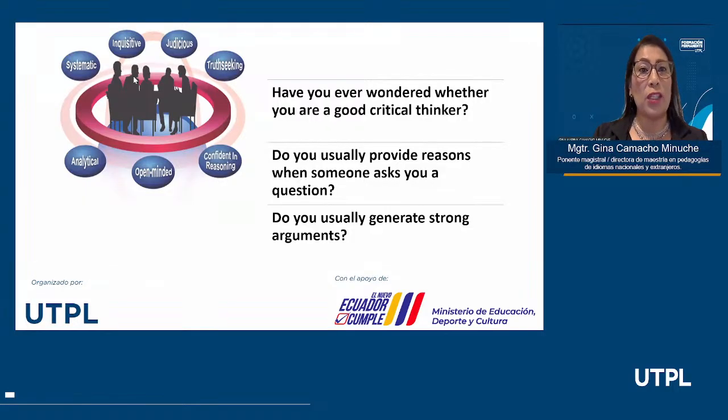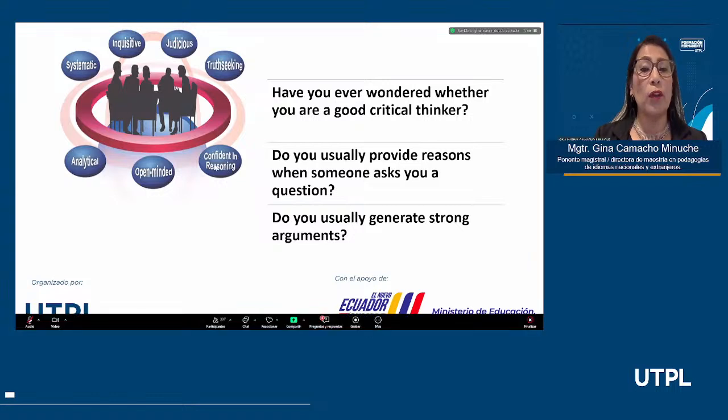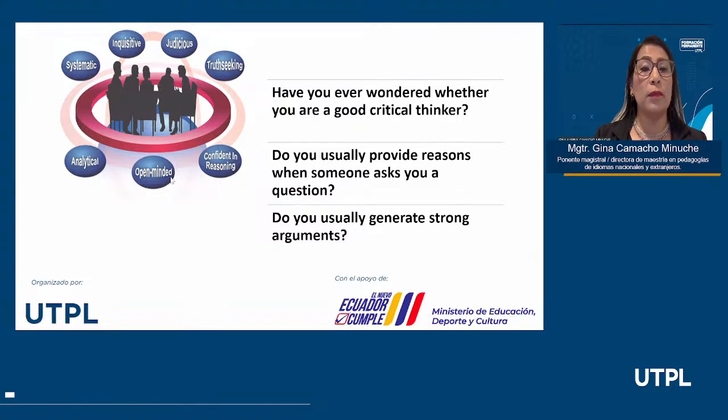Let's look at this image. We have here some main characteristics of good thinkers. The first one is systematic, inquisitive, judicious, truth-seeking, confident in reasoning, open-minded, and analytical, above all, okay? If you have some of these characteristics, maybe you can be considered a good critic.